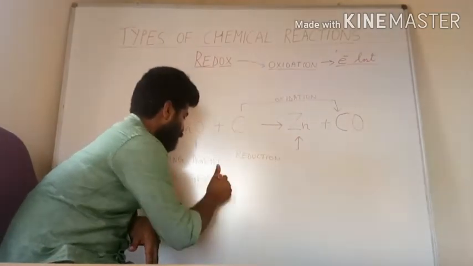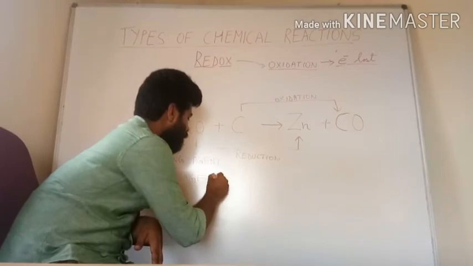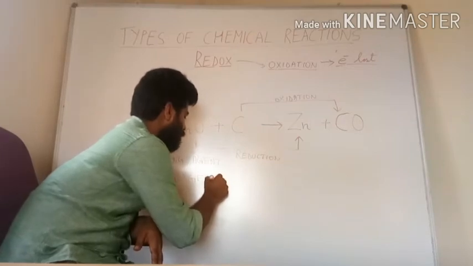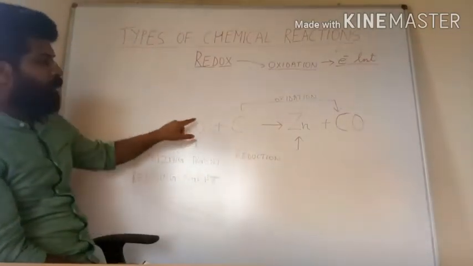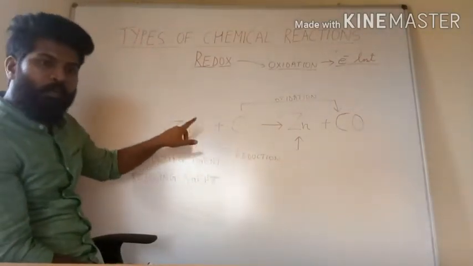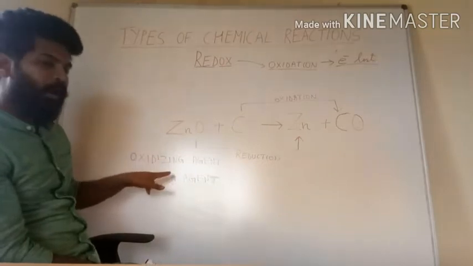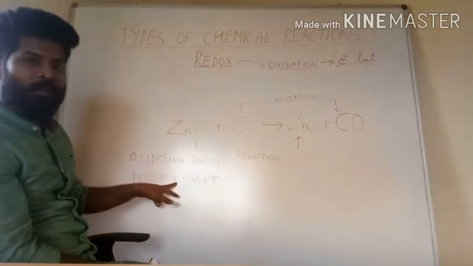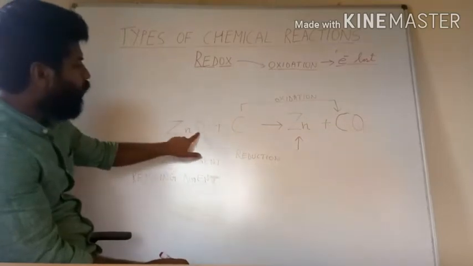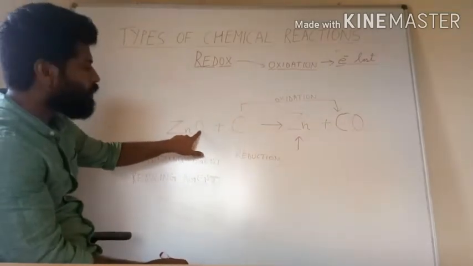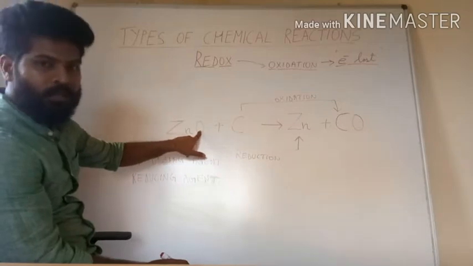So let us identify in this particular equation which one is the oxidizing agent and which is the reducing agent. Very clearly we can see that zinc oxide is the one which is providing oxygen.